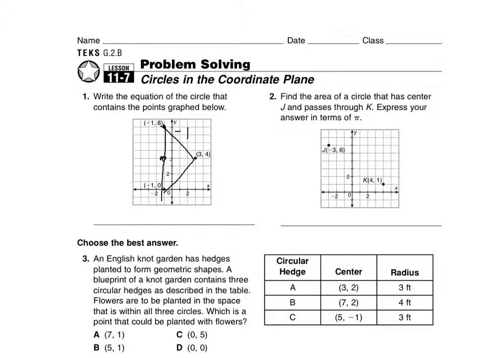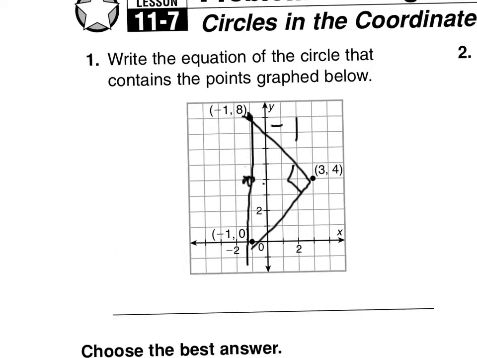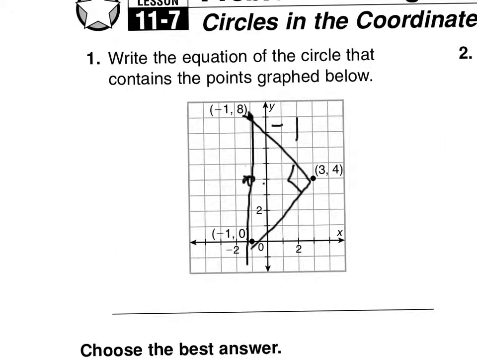Okay, so write the equation of the circle with the points graphed below. Now, when I connect this triangle, I can tell that this is a right triangle because, let me zoom in a little, this has a slope of -1 and this has a slope of +1, so I know it's a right triangle. And these are the only kind I'm going to make you do.